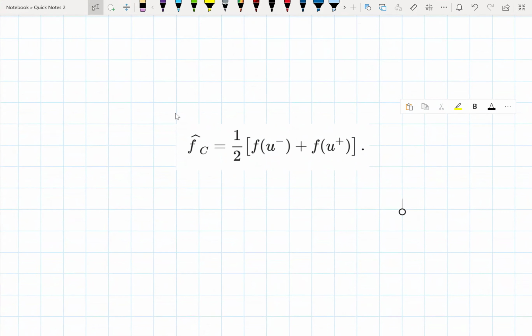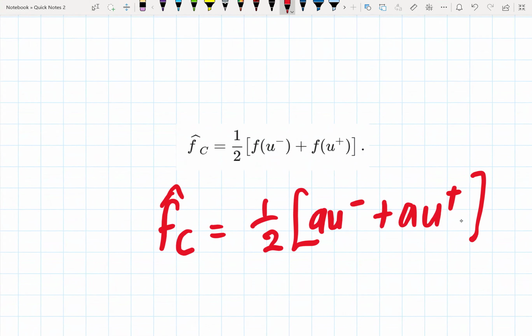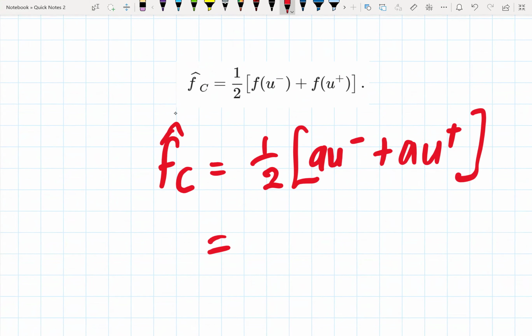This F cap sub c is equal to half of f of u minus plus f of u plus. From the f we got already, we know that's au minus plus au plus, because f itself is au. So f of u minus will be au minus. In this case now, we can factor out the a, so we have half multiplied by a multiplied by u minus plus u plus, like this.